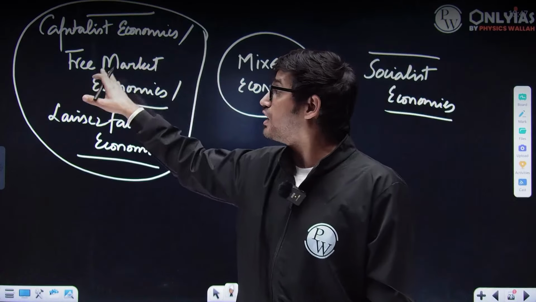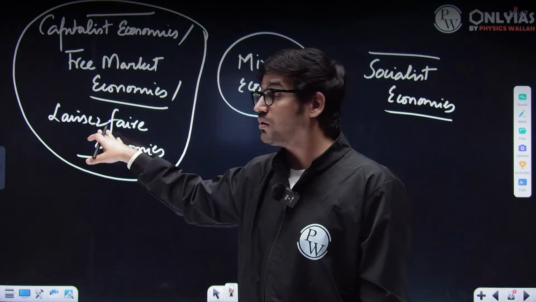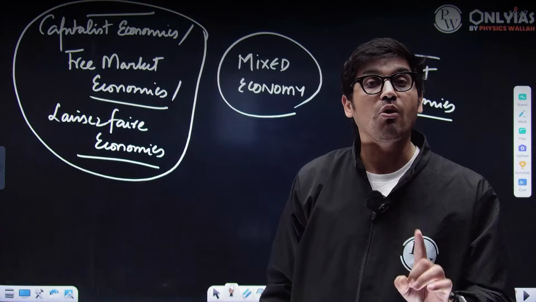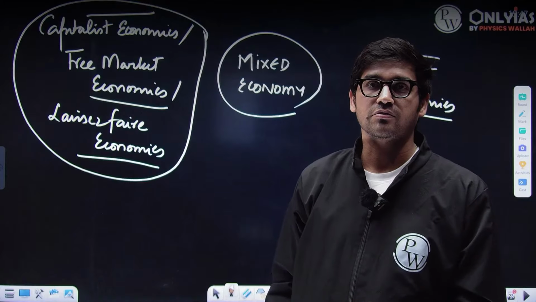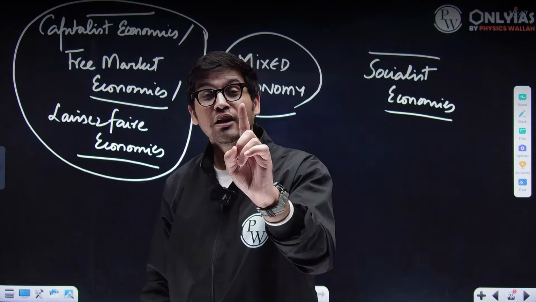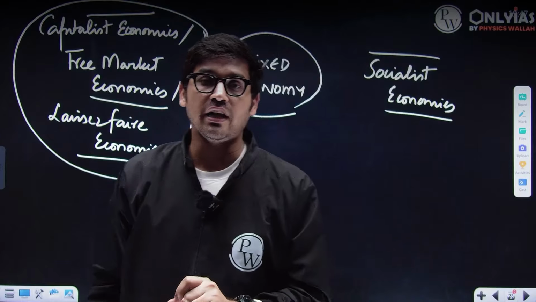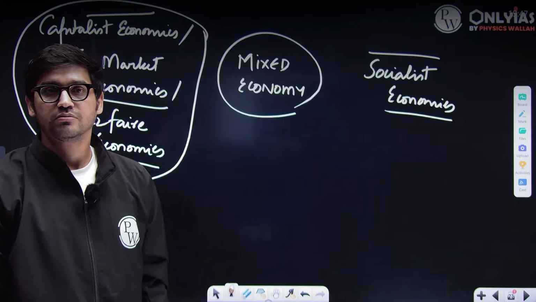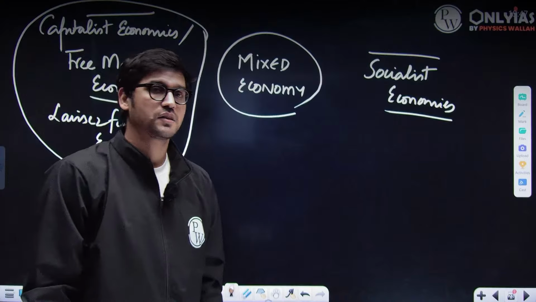In capitalist economies, also called free market economies, also called laissez-faire economies, this decision is with no single person. There is no one person, there is no one authority which determines where resources are going to go. Then who decides this?